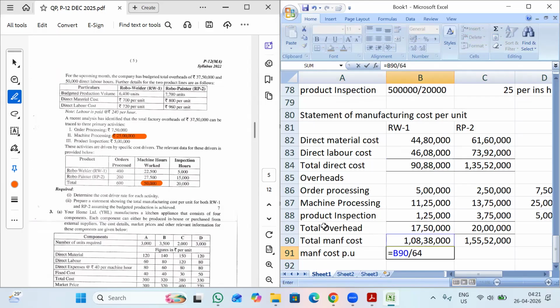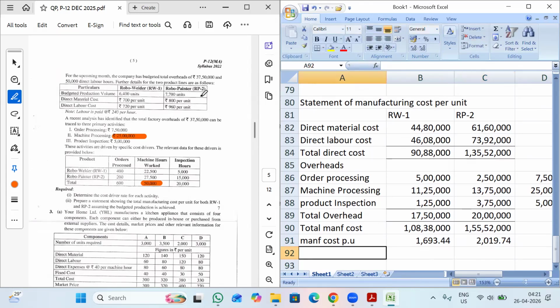How many units are we having? 6,400. Here 1 crore 55 lakh 52,000 divided by 7,700 units. So we will be getting 1,693.44 and 2,019.74. So this step is very important since the question has asked for calculating manufacturing cost per unit. So we need to calculate this.